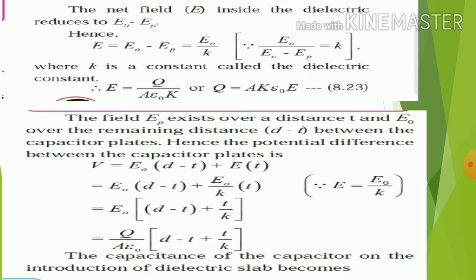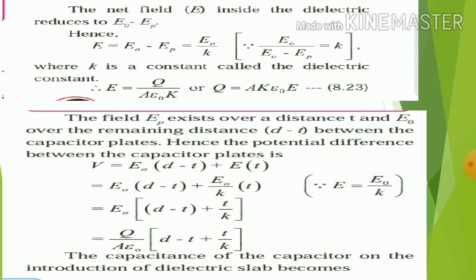Then this equation can be written in this way. Therefore, E equal to Q upon A into epsilon 0 into K, or Q equal to A into K into epsilon 0 into capital E.